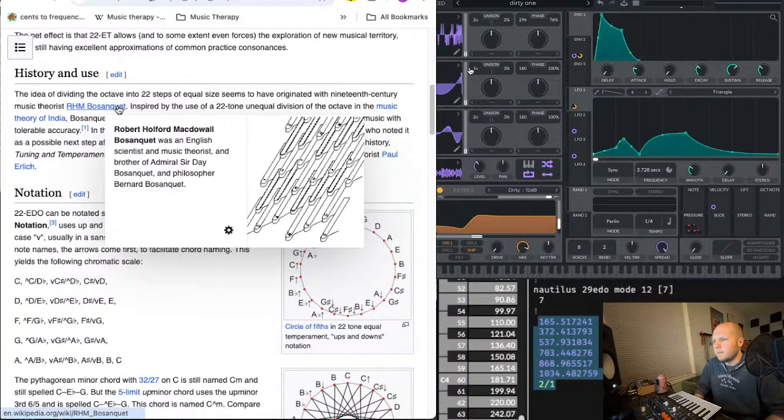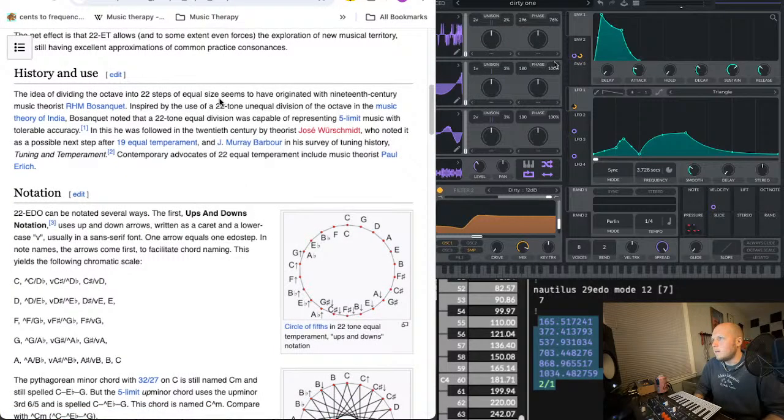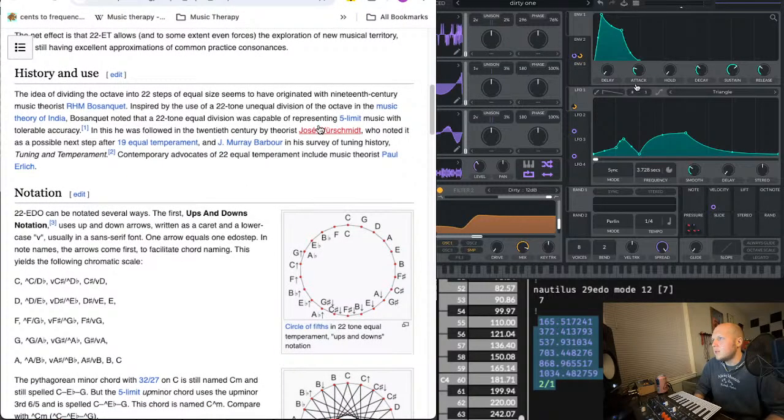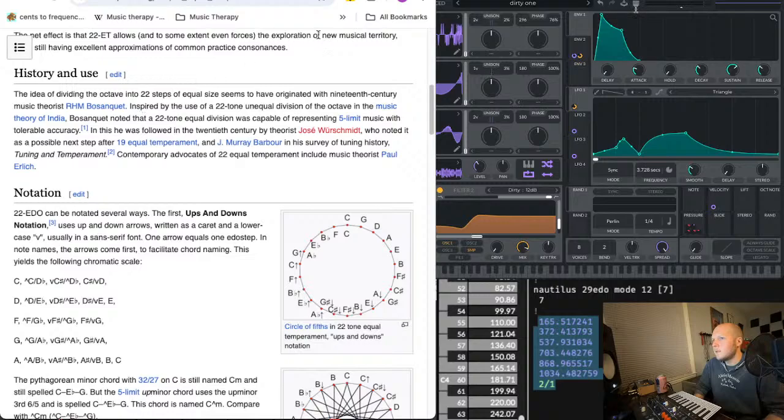Is there a keyboard based off this guy? Inspired by the use of the 22 unequal division of the octave in India. Oh, that's interesting. You know, I think I've heard that actually. Bosanquet noted that a 22-tone equal division was capable of representing 5-limit music with tolerable accuracy.